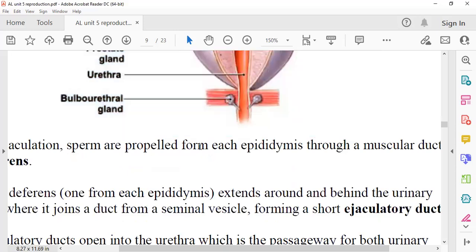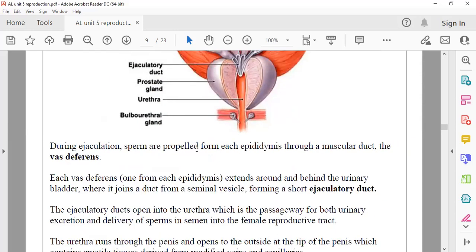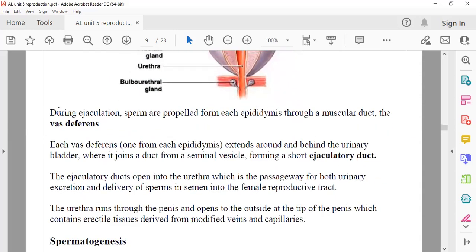So during ejaculation, sperms are propelled from each epididymis through a muscular duct. They are describing the vas deferens as a muscular duct. Each vas deferens extends around and behind the urinary bladder.